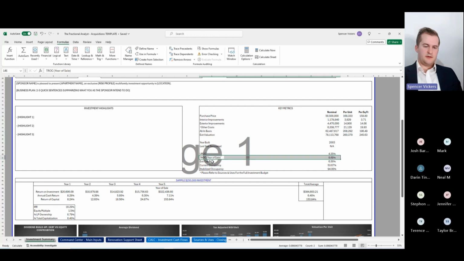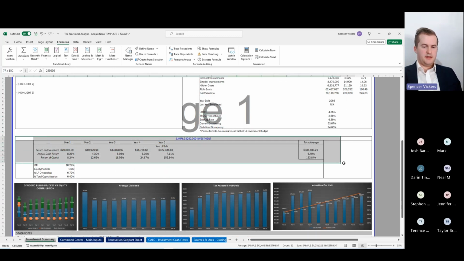The trended return on cost relative to your exit cap rate is how a lot of people look at what the actual opportunity is. If this spread is less than 75 basis points, so less than 0.75%, then it's a pretty automatic pass for everybody. This one has a 210 basis point spread or 2.1% spread, so that's usually good enough to get people excited about it.